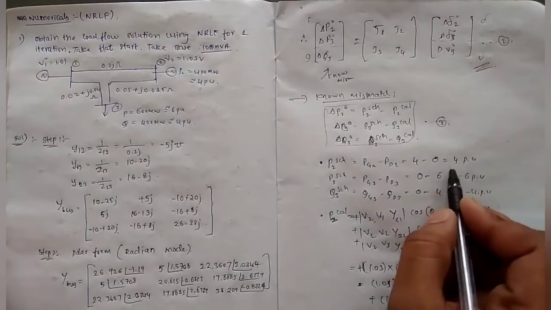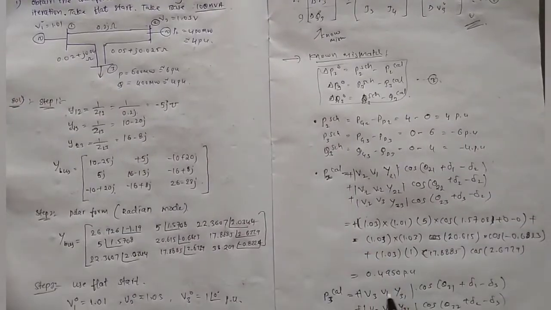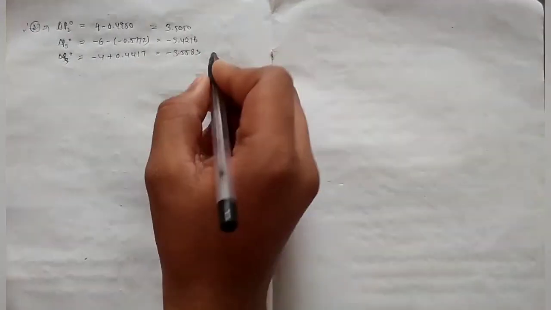We need to find that: P2 scheduled minus P2 calculated. P2 scheduled is 4 and minus of we got 0.490. Substituting all those in equation 2, we'll get the final answers by substituting all those values.